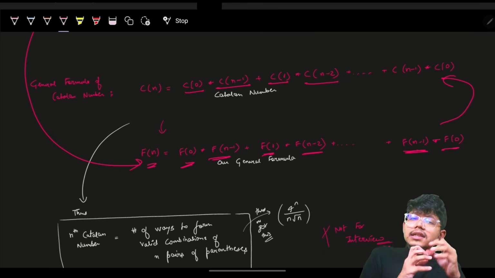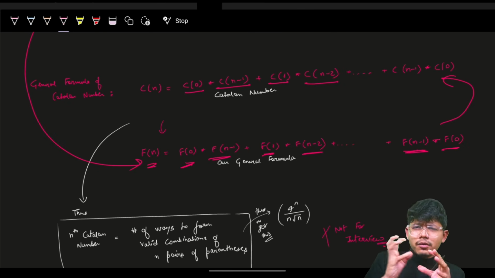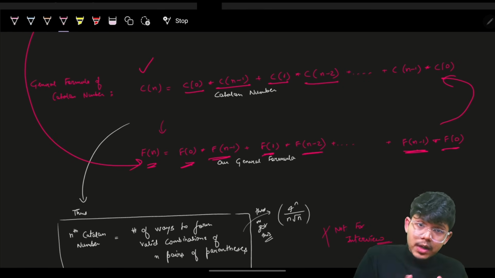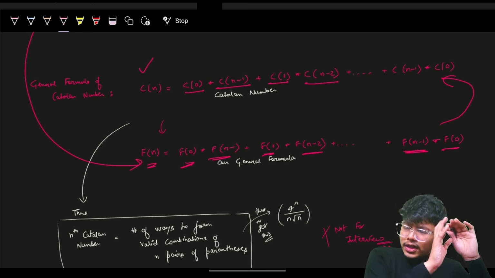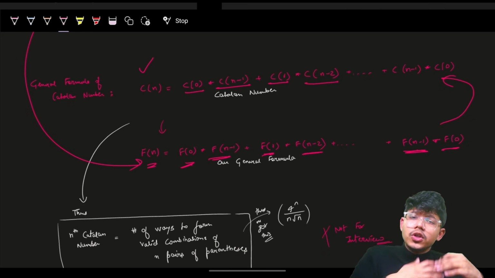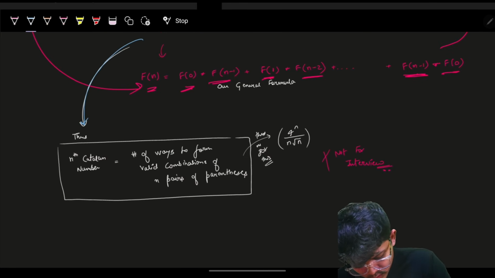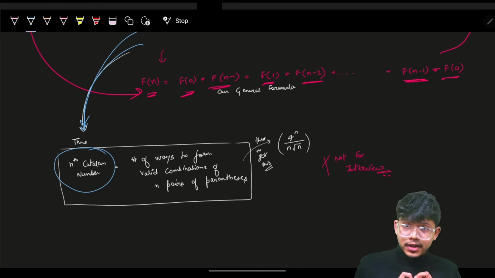Again, that's a similar formula which we could have recognized if we had known the general Catalan formula. Again, this is not part of your interview and the interviewer will not ask this, it's just for your knowledge.